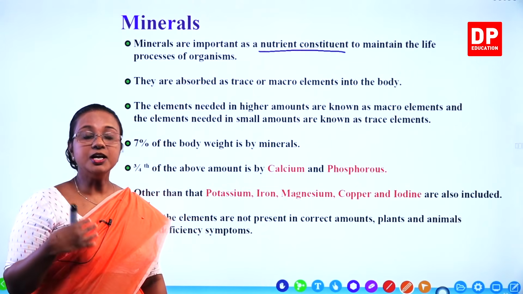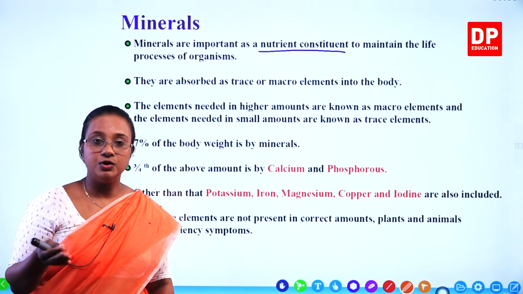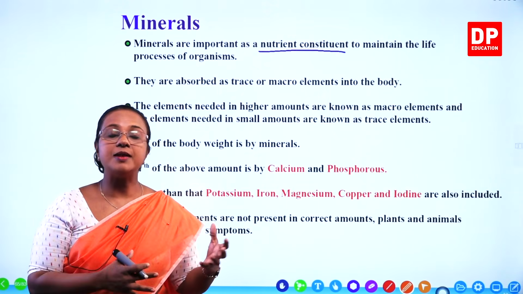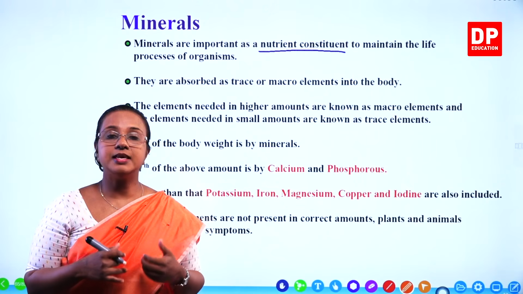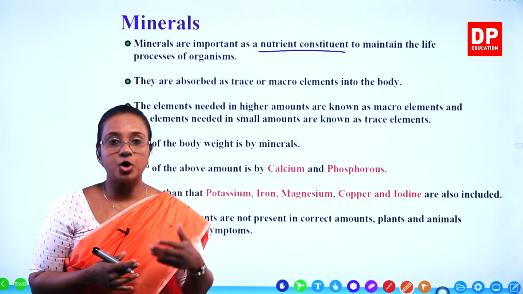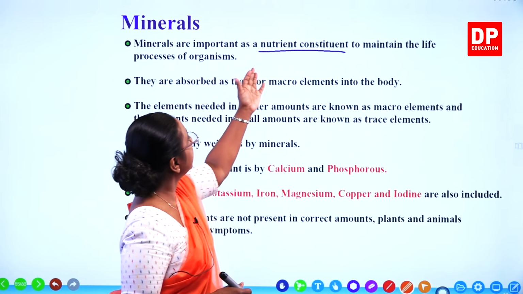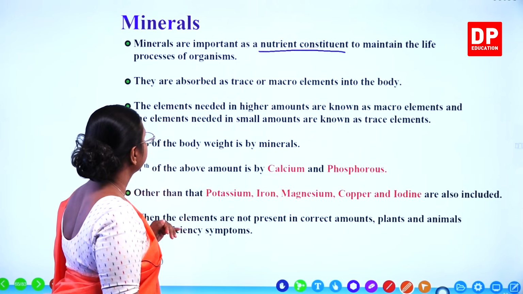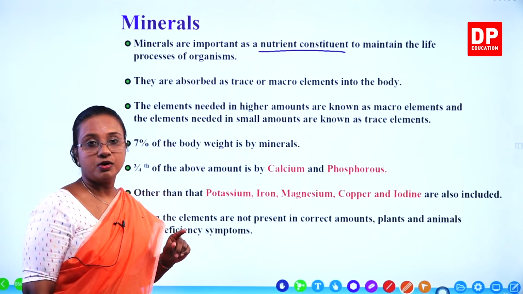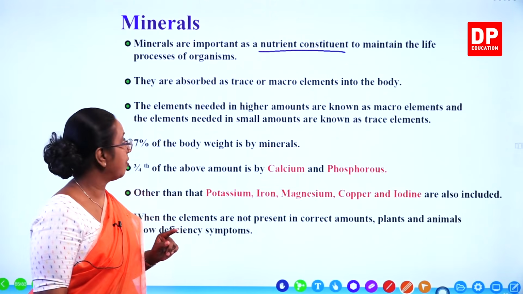So, they have a nutritional value. When we say nutritional value, the presence of that particular substance is important for the proper function of the living body. That is what we mean by nutritional value. So, here to maintain the life process of organisms, they are important.